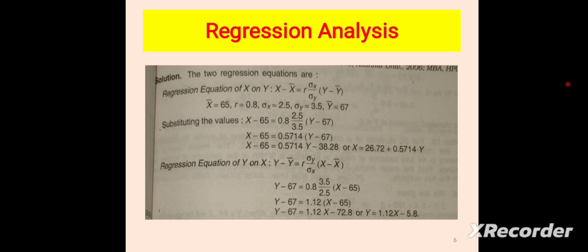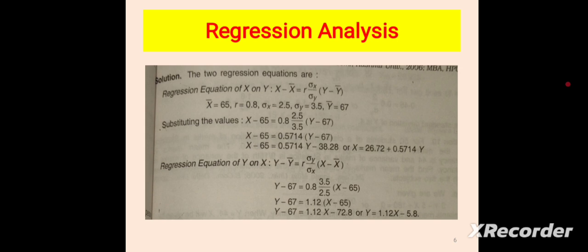So y minus 67 is equal to 0.8 into 3.5 by 2.5, which is 1.12, into x minus 65. So 1.12 into x is 1.12x, minus 1.12 into 65, which is minus 72.8.